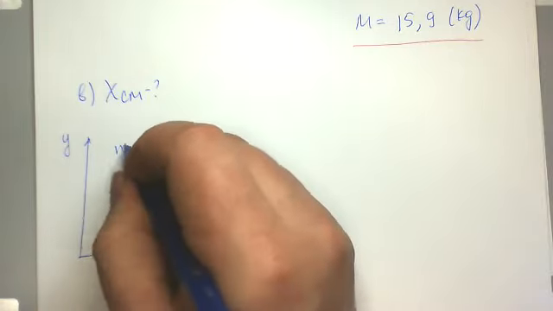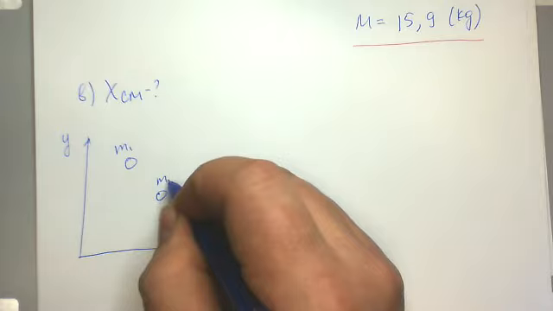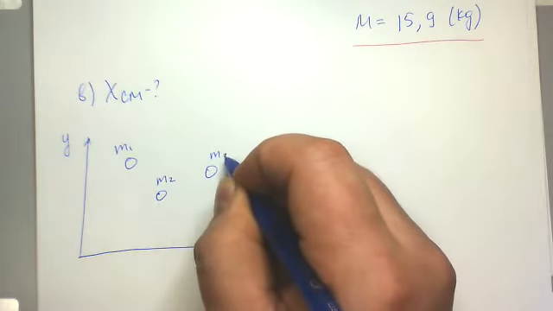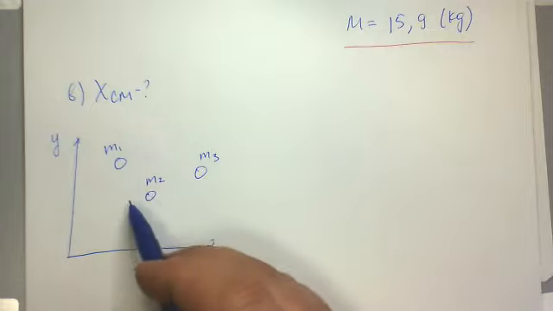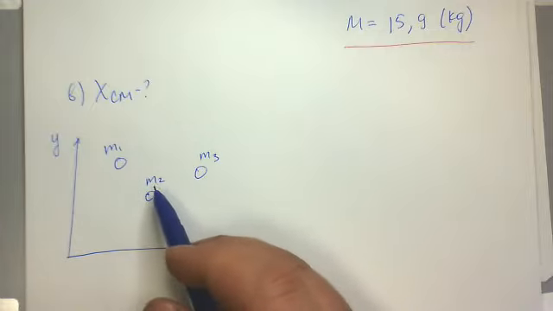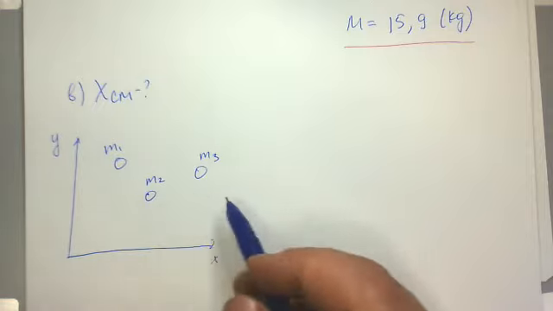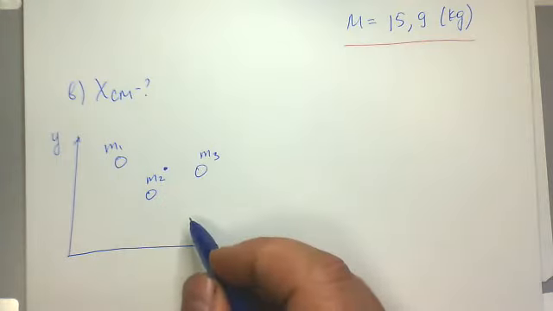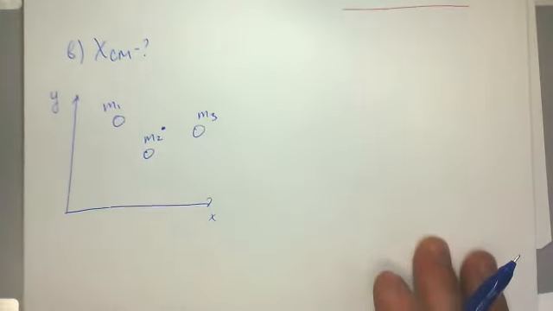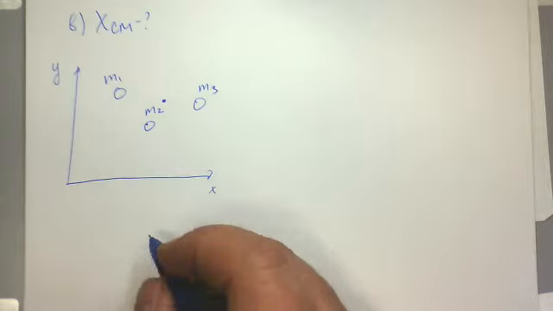Let's say this guy has a mass of m1, this guy has a mass of m2, this guy has a mass of m3. So we can introduce a center of mass of this system, and the center of mass would have some coordinate which we can find from the following definition.